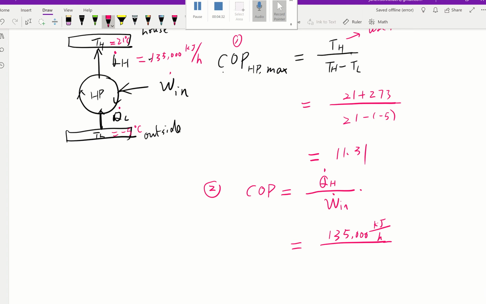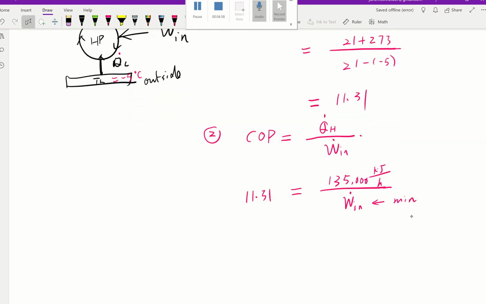It's like a fairy tale situation, and your COP is performing at the highest level, which is 11.31. In reality that does not happen, right? But this one we said would be the minimum required, so that will give you the minimum value of work in.